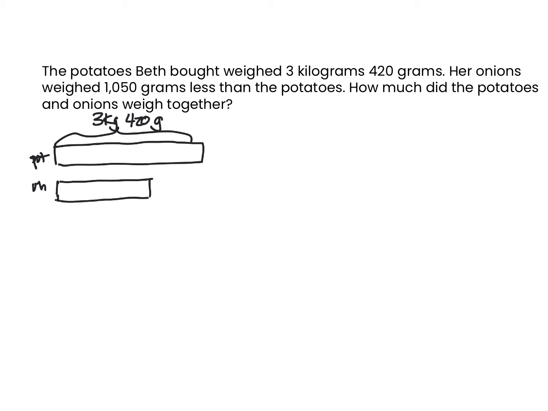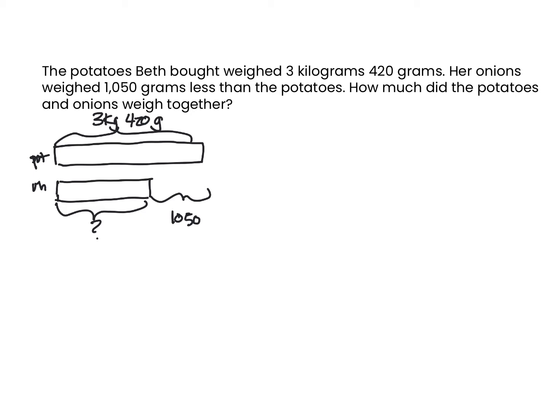So for that, we're going to show on our tape diagram that her onions, we know that they were 1,050 less. We don't know how much they actually weighed. So because we have a total and a partial, then we know that we're going to be subtracting to start.